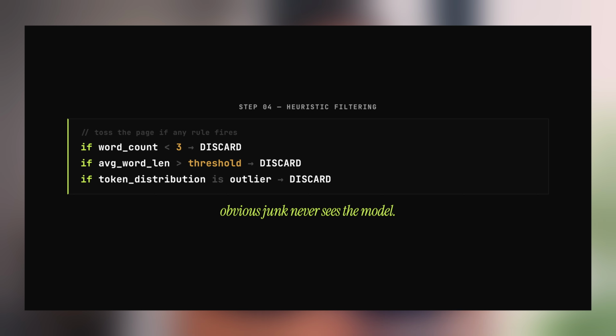Fourth is heuristic filtering. Developers write strict rules to throw out obvious junk. For example, if a website only has 3 words on it, or the average word length is absurdly long, or if the distribution of tokens is a massive outlier, the entire page gets tossed out. The fifth step is model-based filtering.